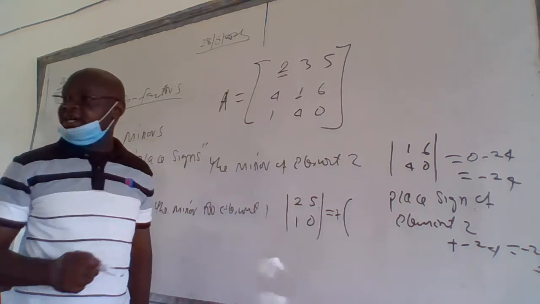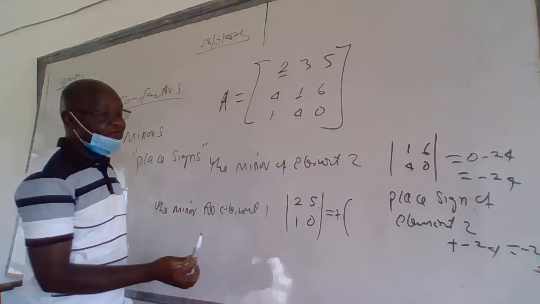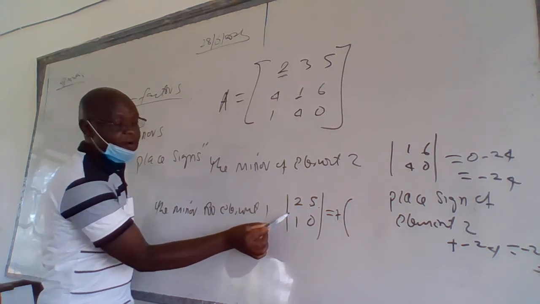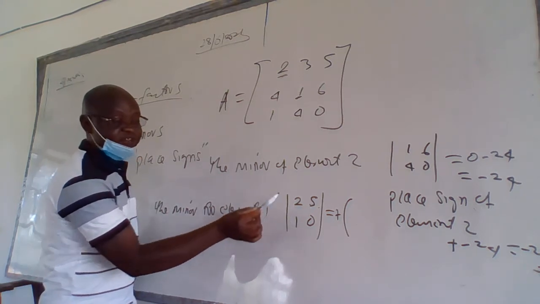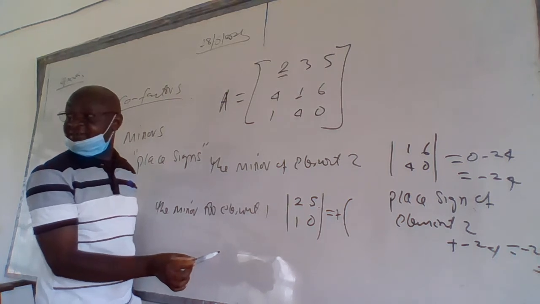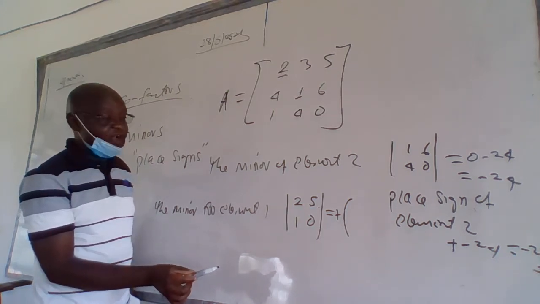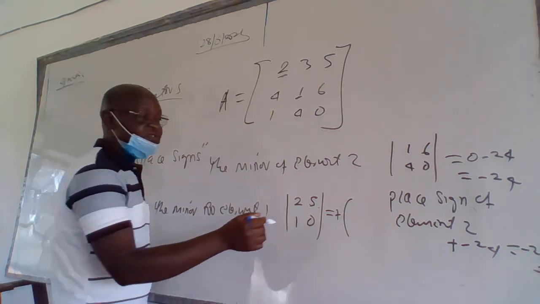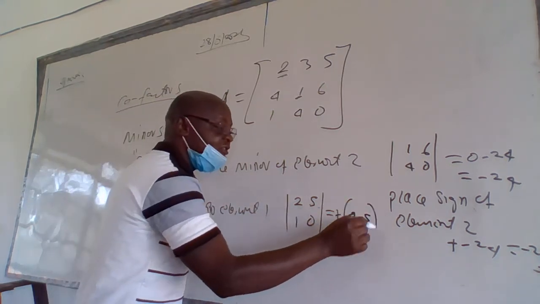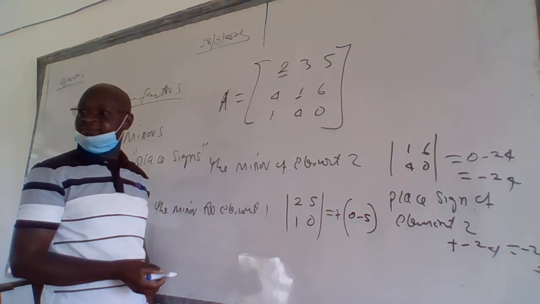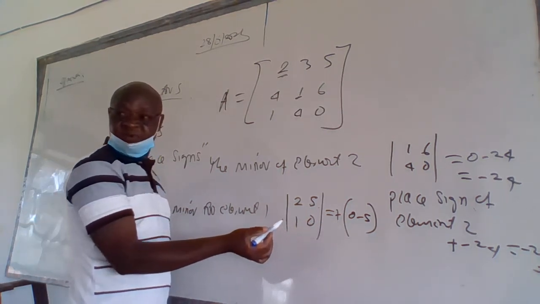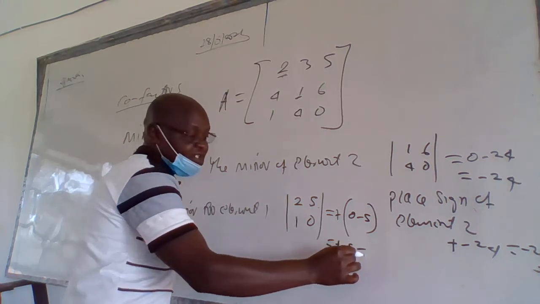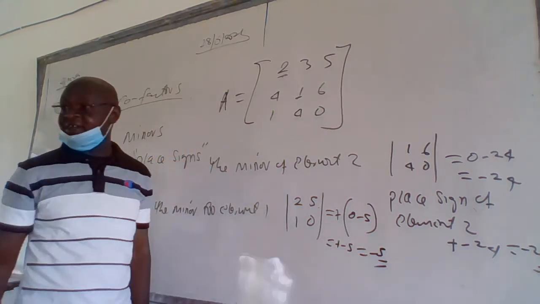Therefore, you have 0 times 2, 0 minus 5 times 1. So we have 0 minus 5. But remember, you have the place sign which is positive, so it's plus minus 5, which is minus 5.